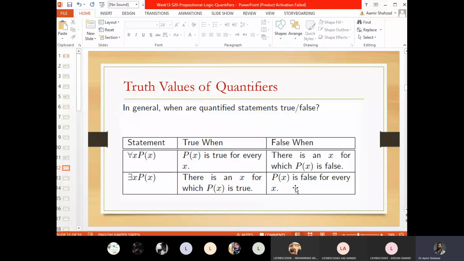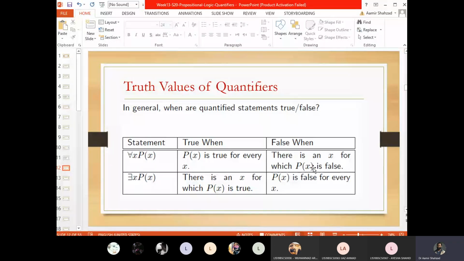So please notice here, when we talk about the universal quantifier, for all x, p of x is true. When its negation happens, when it is going to be false, we just need to find some x for which p of x is false. In other words, when the universal quantifier is false, we are going to have an existential quantifier.